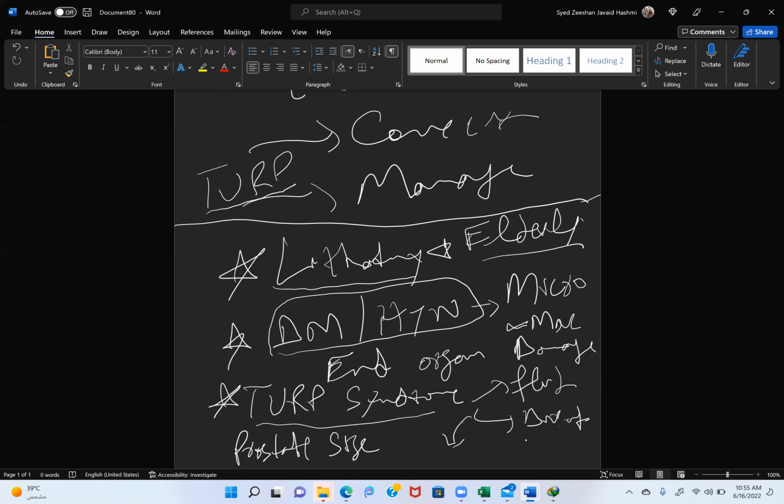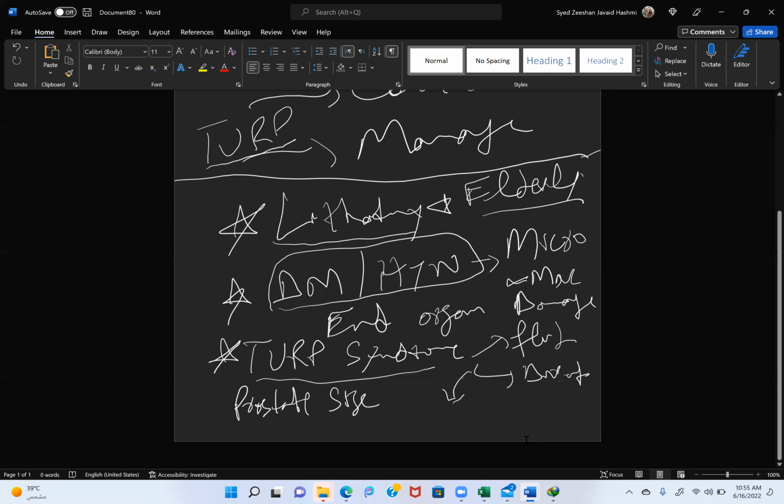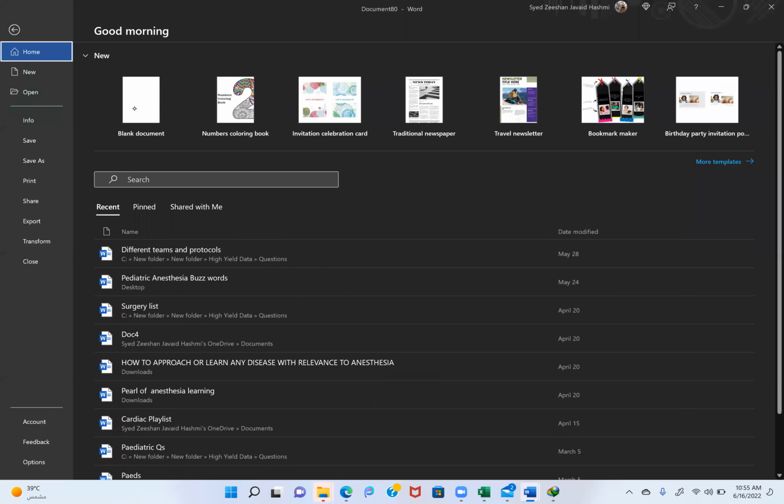And in induction, there is an exaggerated response to anesthetics, whether you are giving spinal or GA. So there may be an exaggerated laryngoscopic response and an exaggerated hypotensive response. So this is just for you to know.